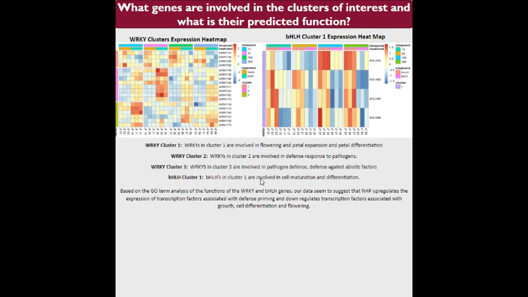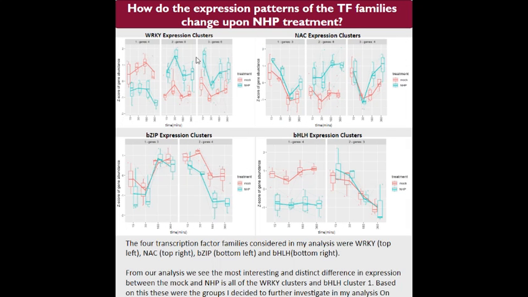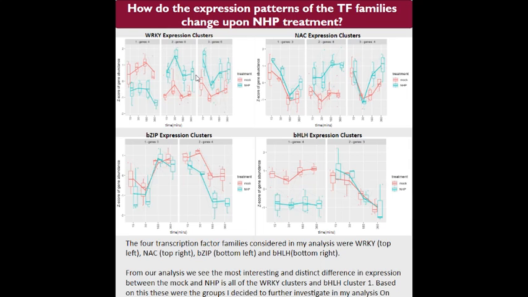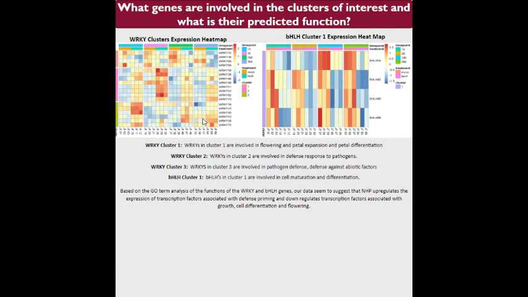So what does this all mean? Well, from my analysis and from putting these genes through my gene ontology analysis, I found out that the WRKY genes in our cluster 1, which remember were significantly downregulated, were involved in flowering, petal expansion, and petal differentiation. WRKYs in cluster 2, which were upregulated, were involved in defense response to pathogens.